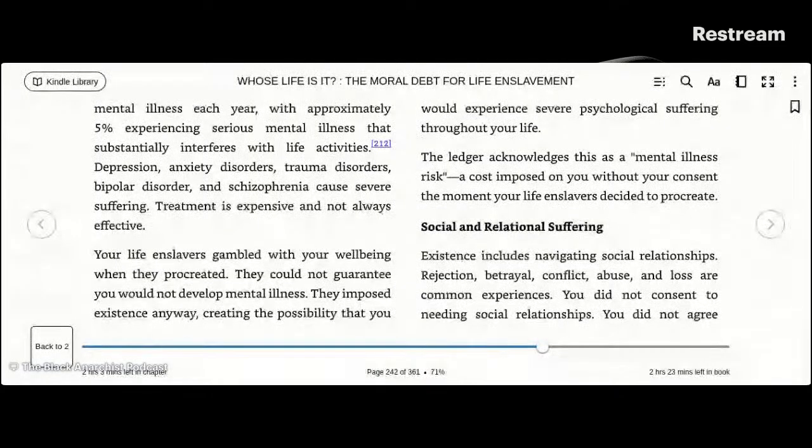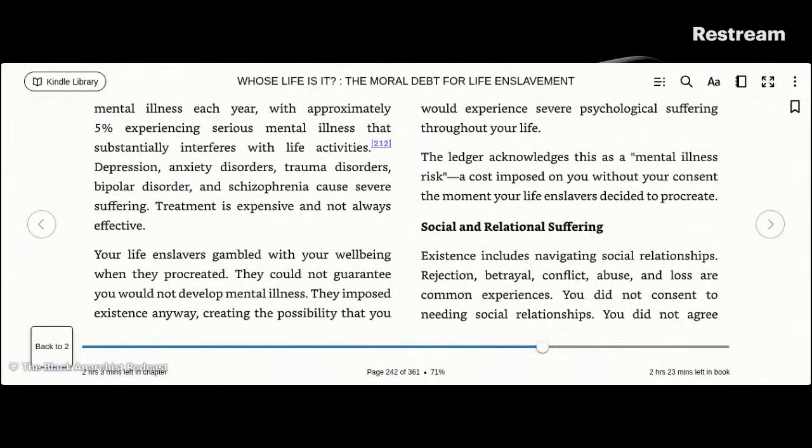Treatment is expensive and not always effective. Your life enslavers gambled with your well-being when they procreated. They could not guarantee you would not develop mental illness. They imposed existence anyway, creating the possibility that you would experience severe psychological suffering throughout your life. The ledger acknowledges this as mental illness risk, a cost imposed on you without your consent the moment your life enslavers decide to procreate.